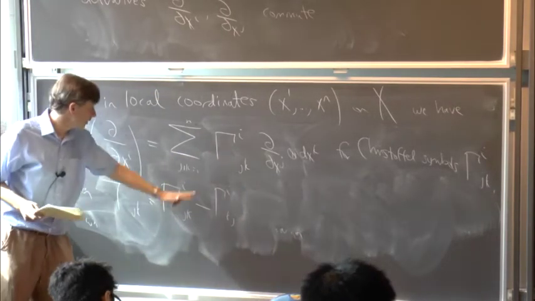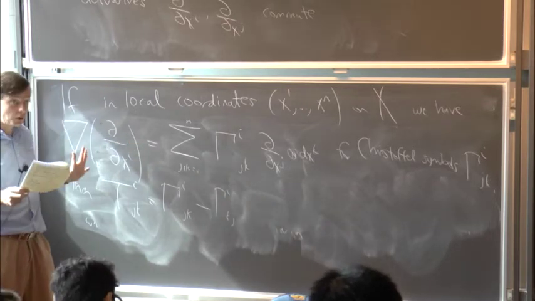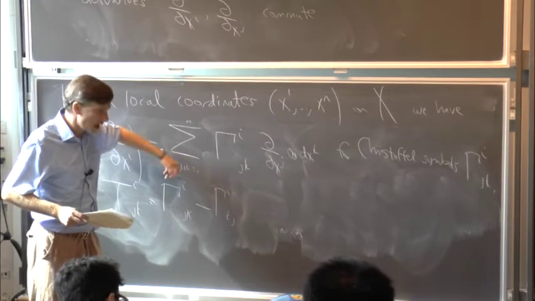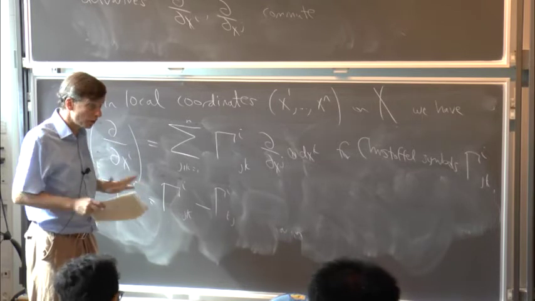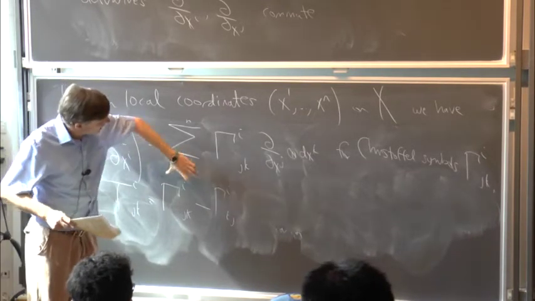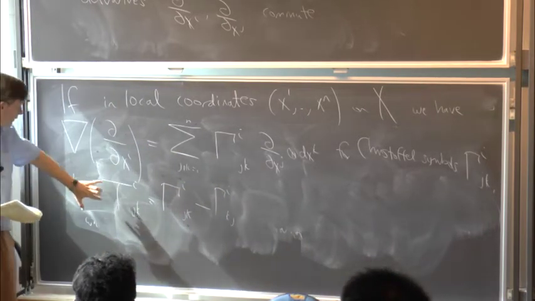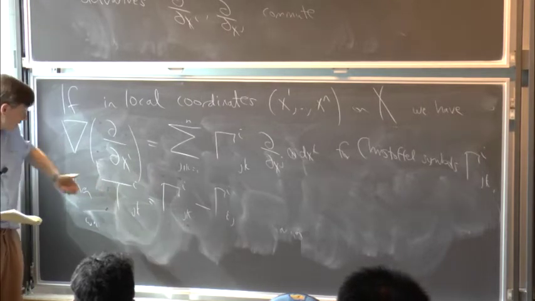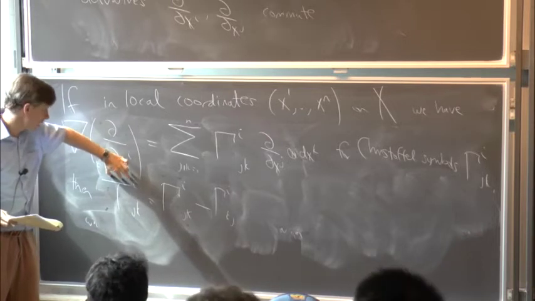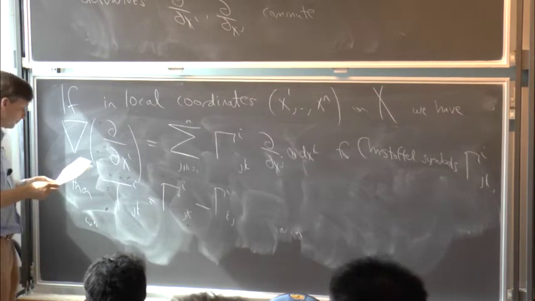So I said before that the Christoffel symbols are not tensors, in that if you change coordinates from one coordinate system to another, then the Christoffel symbols change by not just a linear transformation law, but a linear plus constant transformation law. However, if you do this anti-symmetrization in the lower two indices, then the left-hand side is a tensor, because under the change of coordinates law for these things, this has a linear transformation law where it just transforms according to the Jacobian of the change of coordinate matrix.